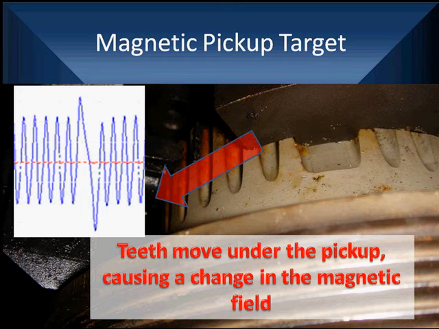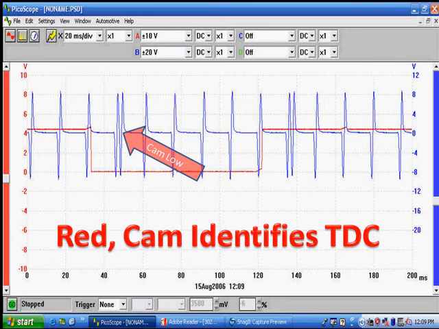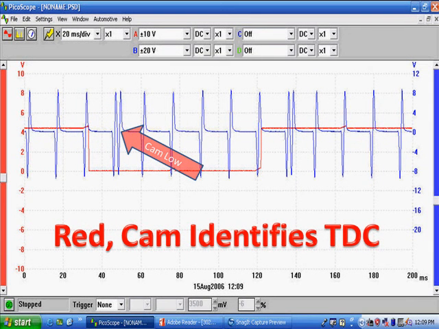Now, sometimes we need to know more than just where the crankshaft is. Let's take the time to go just a little bit deeper. What we're pointing to right now is our signature pattern for our 7X GM. You see two pulses close together. That's our signature. What I'm pointing to right now with an arrow is at the time that arrow is there, the red cam signal is low.